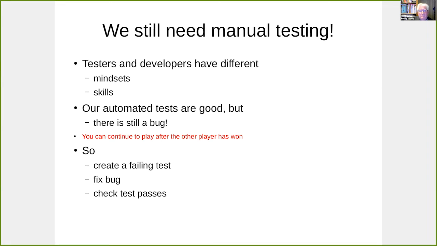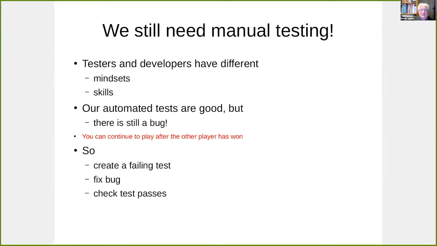And in spite of all my efforts at automated testing, it turns out that the published code in the book has got a bug. It's not a very serious one, but I discovered it by doing manual testing.